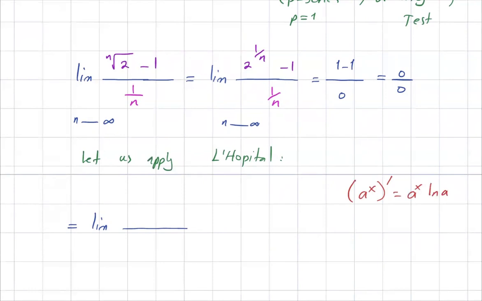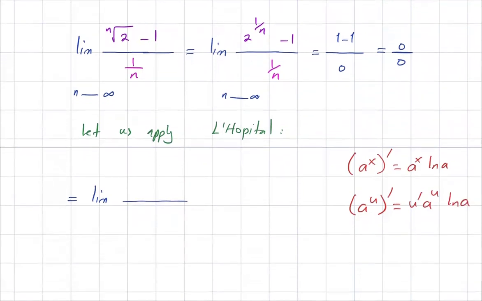So on the numerator, and here if you have u, the derivative is u prime a to the power u times ln of a in more general form. So the derivative of the nth root of 2 minus 1 divided by the derivative of 1 over n as n goes to infinity.